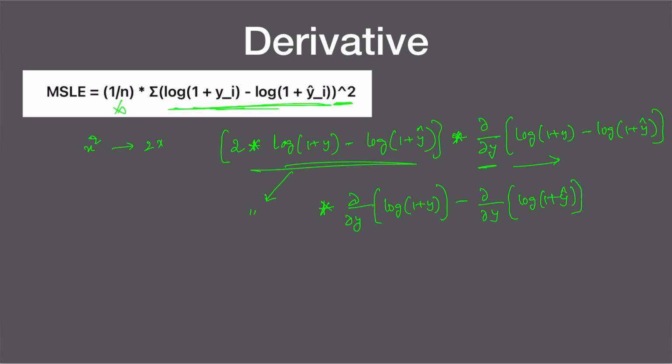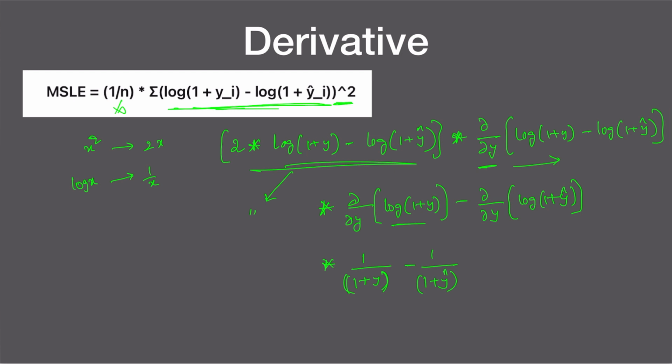So what happens when you take the derivative of log? The derivative of log x is 1/x. So that means this becomes 1/(1 + y) minus 1/(1 + ŷ).